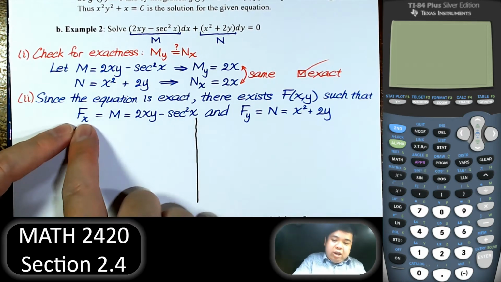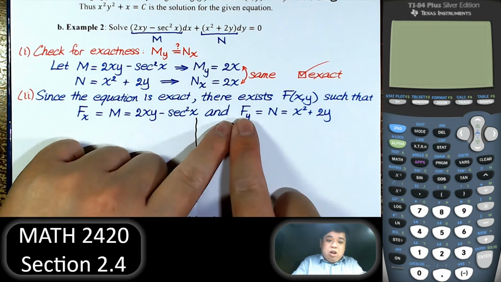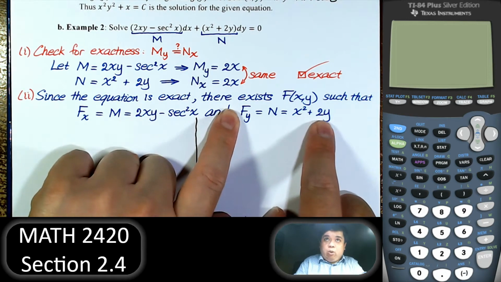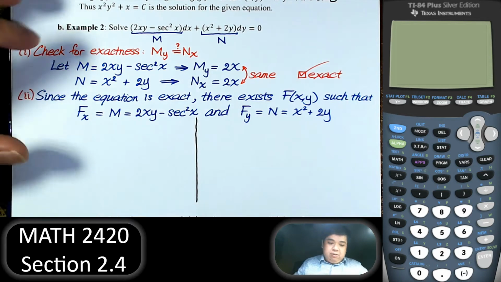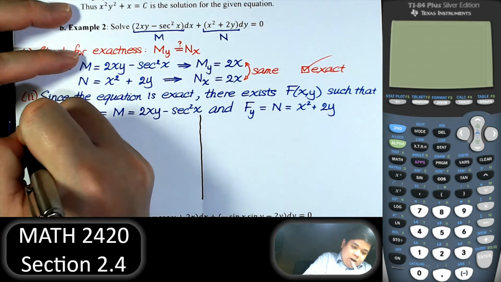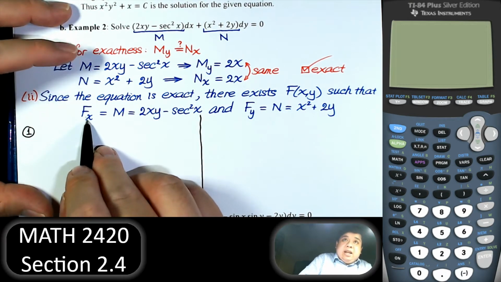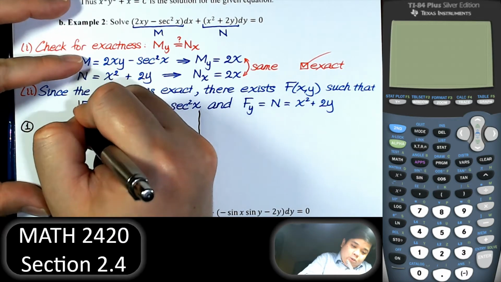Either we start with f sub x and integrate to get back to f, or we start with this and integrate with respect to y to get back to f. So the first step, number 1, I will choose this and integrate with respect to x.